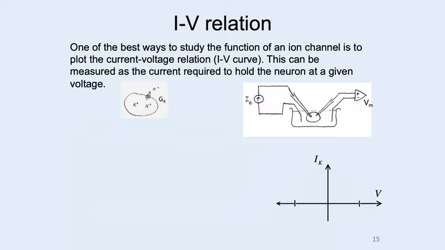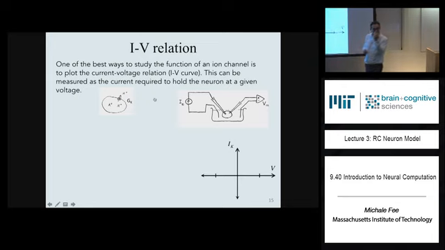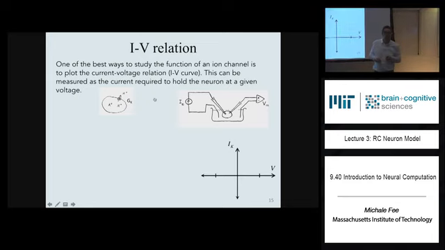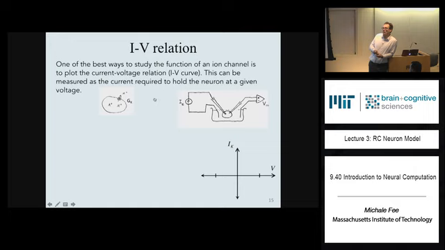Okay, so let's say that we inject 0 current. What's the steady state voltage in the cell going to be? Anybody? Oh, okay, I have a volunteer back here. Why 25 millivolts?